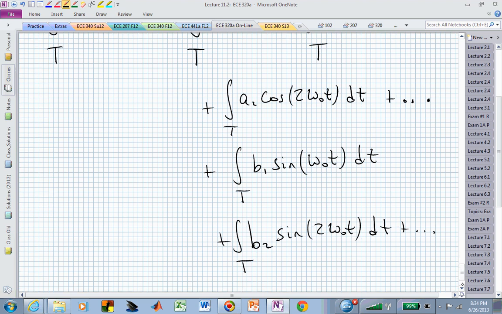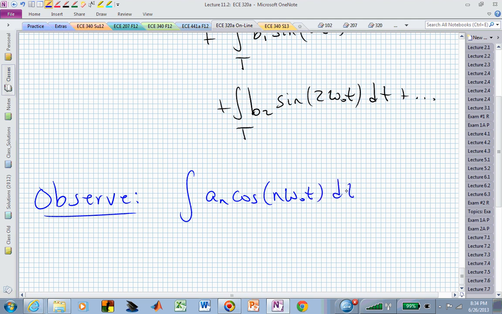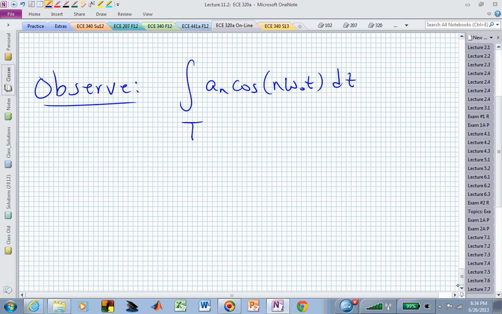But what you can observe here is the following, and this is what I was referring to when I was talking about the trigonometric relationships. Notice what happens if I now have any of these A's or B's. Let's just look at one of the A's and call it A sub n, which is the nth harmonic of the cosine, and it's now over 1 period.